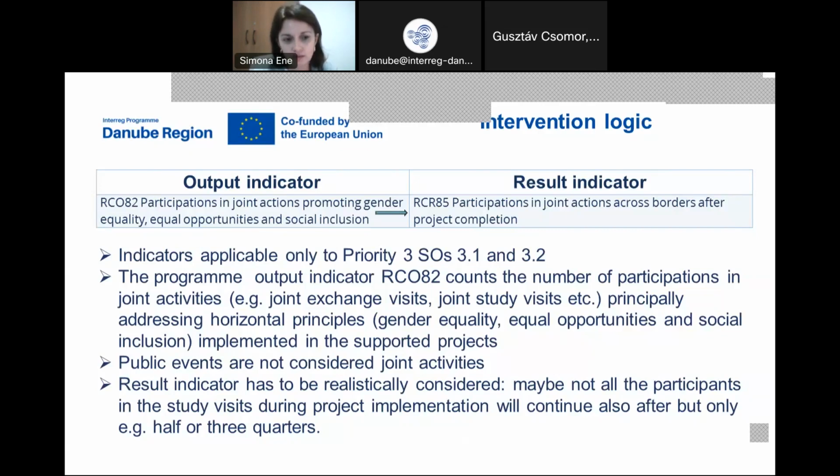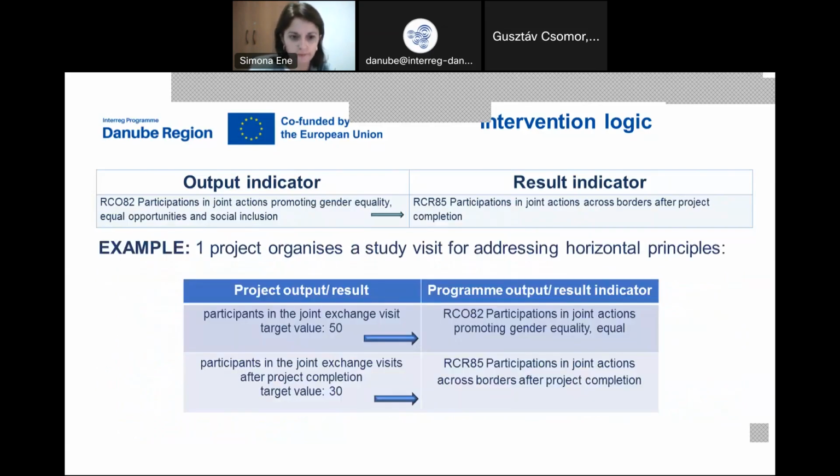Of course, these joint activities have to have a focus on addressing horizontal principles of gender equality, equal opportunities, and social inclusions. The result indicator has to be realistically considered. For example, if we are estimating that during the project we might have 100 participations, maybe after project completion, not all 100 will continue, but only a third or two or half of them, or it is up to the partners to estimate how many of these participations will continue.